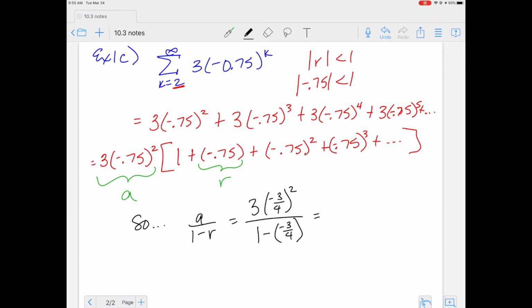So now I have 3 times 9/16 over 1 plus 3/4, because I'm adding this. So look at what's happening here. If I add that, you get a common denominator. So 1 plus 3/4 will give me 7/4.